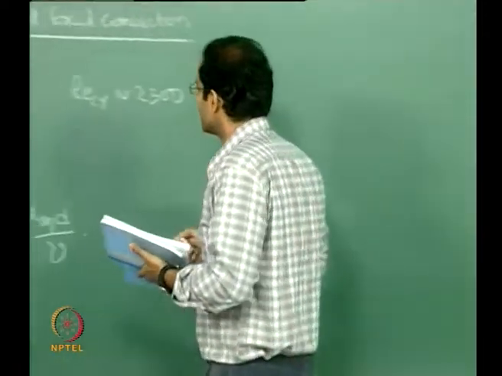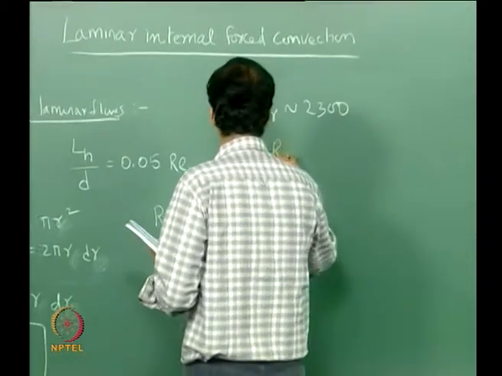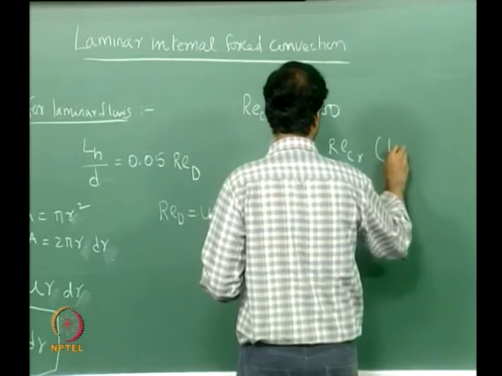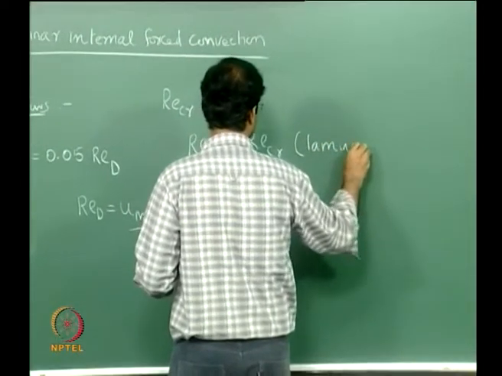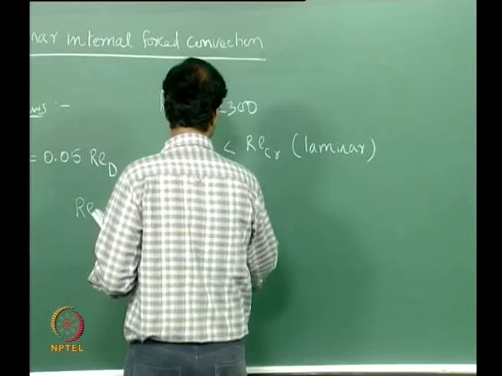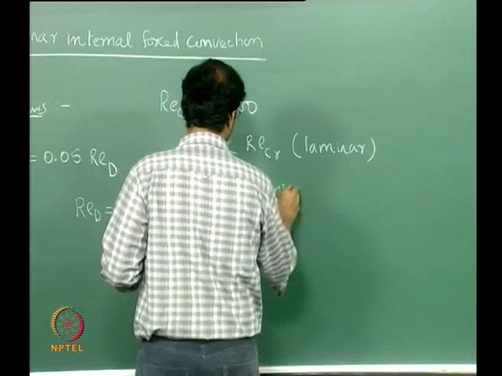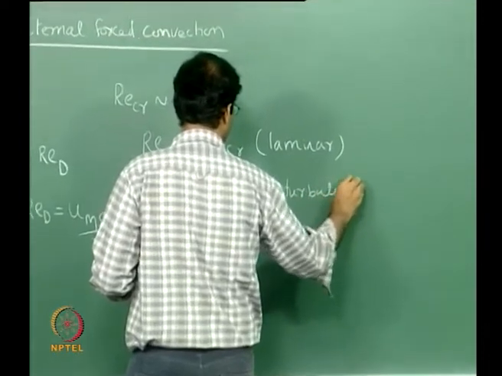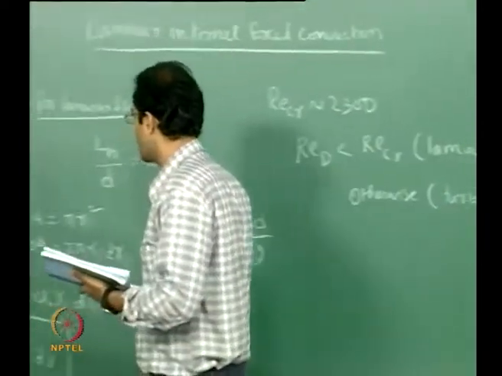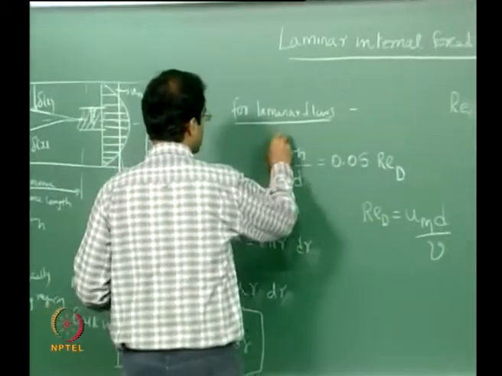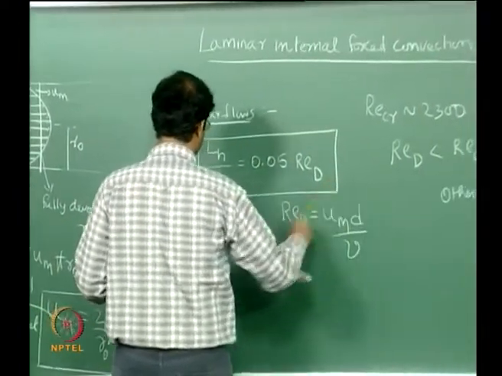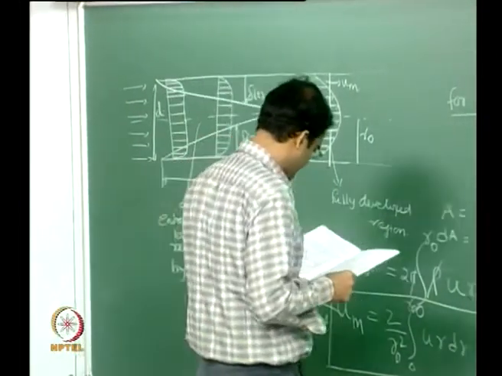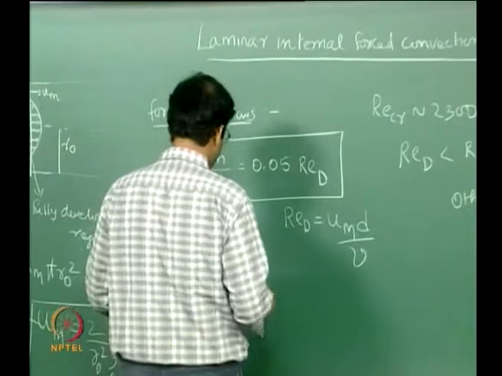So if your Re_D is less than Re critical, this is an approximate thumb rule for classifying the flow as laminar. Otherwise you can look at it as either in a transition regime or in a turbulent regime. As far as laminar flows are concerned, this is the thumb rule for calculating the entry length.